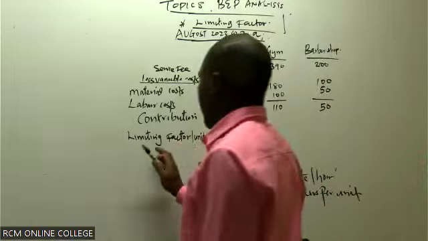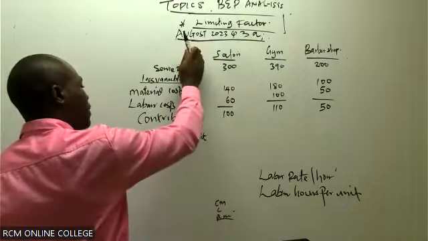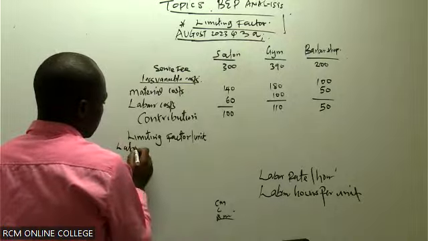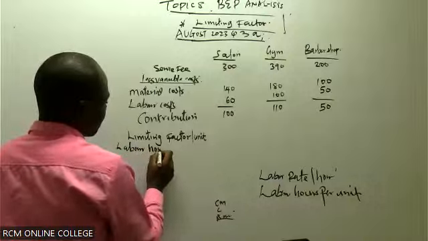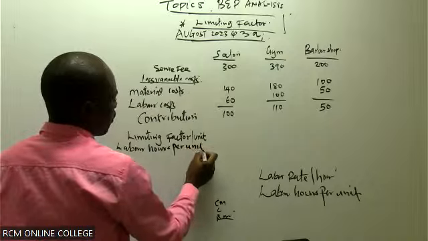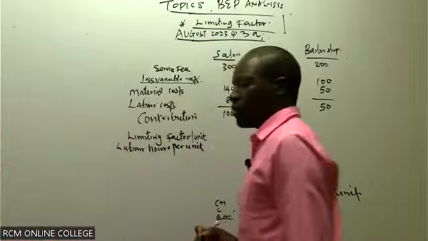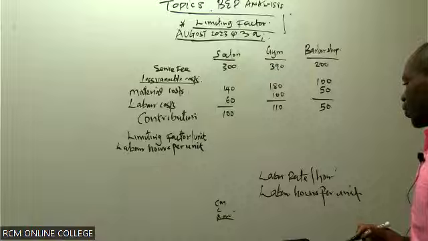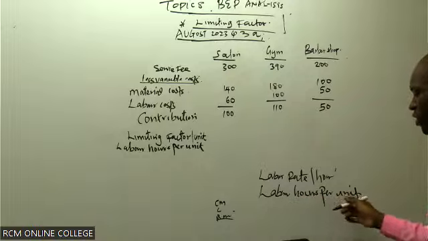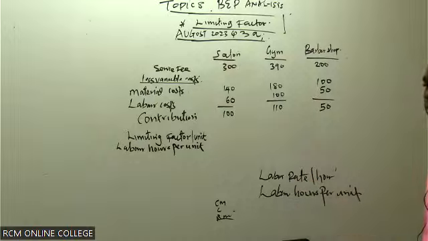What we are using here, the limiting factor per unit, as per this particular question, is labor hours per unit. So what have we been given in the question? Do we have labor hours per unit or we have labor rate per hour?